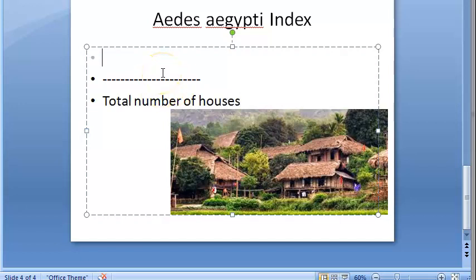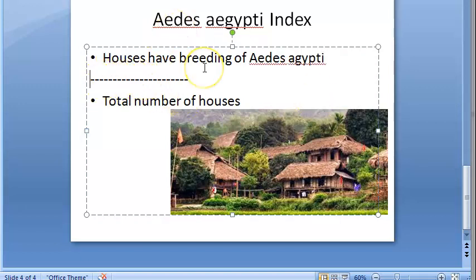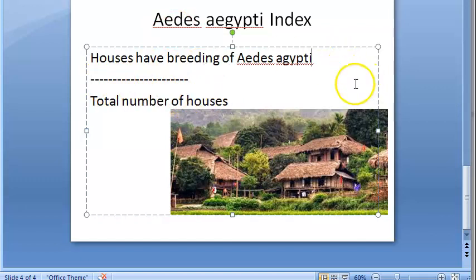Now, in these, how many houses have on their premises the breeding of Aedes aegypti? That is nothing but the Aedes aegypti index. So it is the ratio, but it is expressed in percentage, so let us multiply by 100 here.